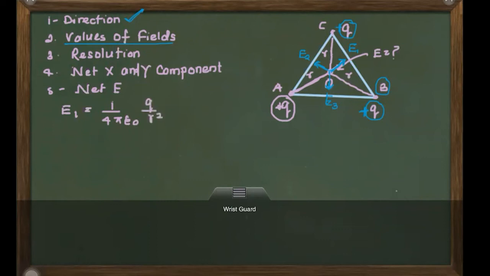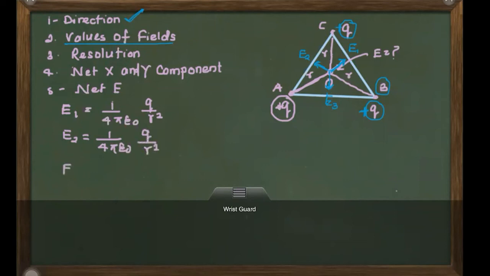r square. You have shown the direction there, so no need of writing it here, because you have mentioned here only scalar format, only the numerical value. E2 will be what? 1 by 4 pi epsilon naught again q by r square.